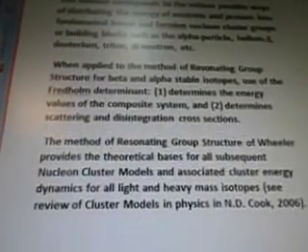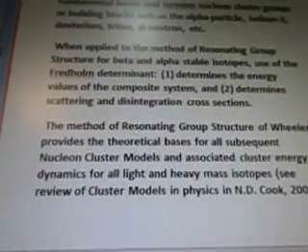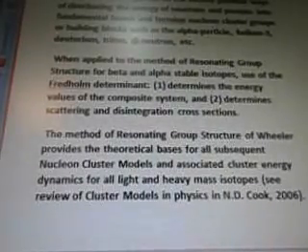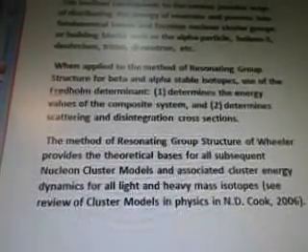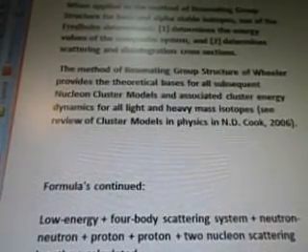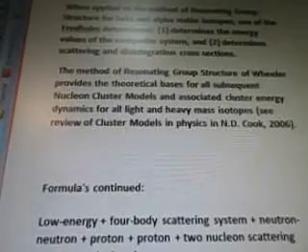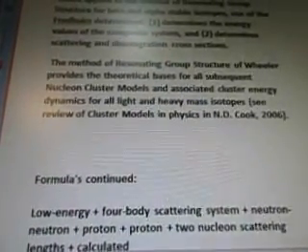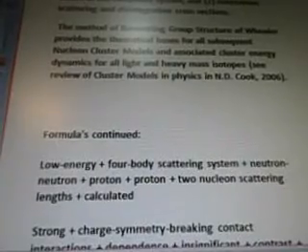When applied to the method of resonating group structure for beta and alpha stable isotopes, use of the Fredholm determinant determines the energy values of the composite system, and 2, determines scattering and disintegration cross-sections. The method of resonating group structure of Wheeler provides the theoretical basis for all subsequent nucleon cluster models and associated cluster energy dynamics for all light and heavy mass isotopes. See review of cluster models in physics and N.D. Cook 2006.